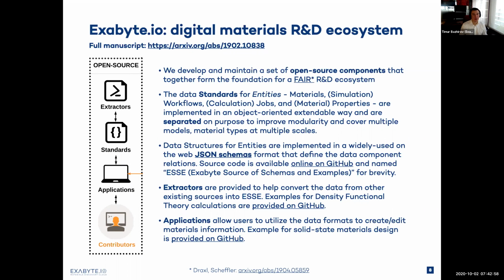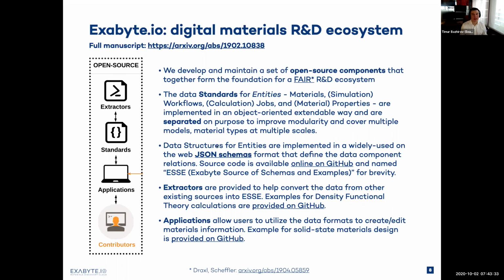And we start with developing a set of open source components. Open source components that include things like data standards, extractors, and applications, and a set of contributors that help us develop this functionality further. We identify main entities that we operate with. Since we focus on materials and chemicals R&D, we work with material structures, we work with simulation workflows and calculation jobs as main entities.